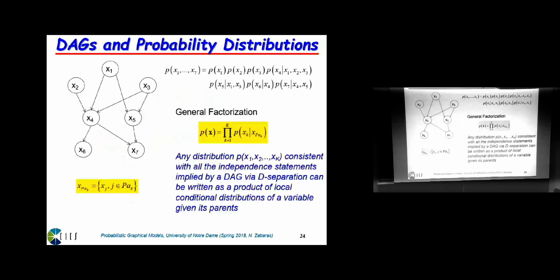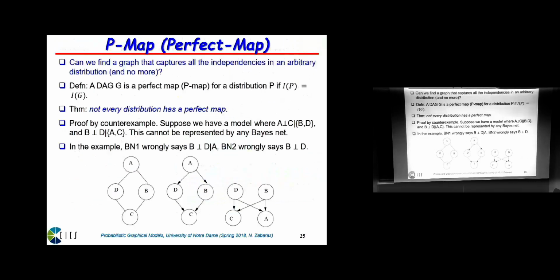So let me bring the last, rather complicated concept. We will do it with one very fundamental example. If somebody gives you a distribution P of many variables, can you find a directed graph that has exactly the same conditional independence relations as the distribution P?